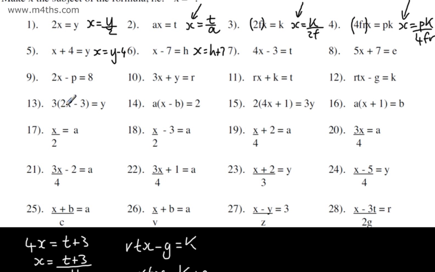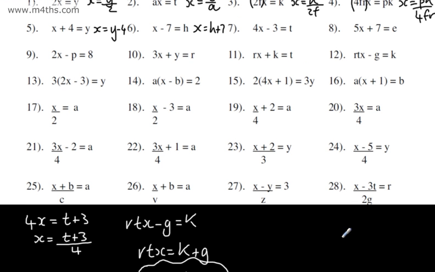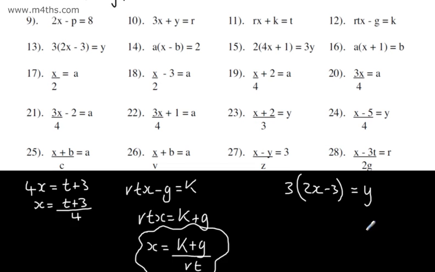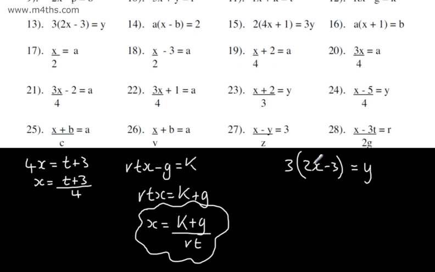Right, let's have a look at this one right here. We've got 3 lots of the quantity 2x minus 3 is equal to y, and we need to make x the subject. So let's just write this out. There is a temptation, as you might have done in the past, to expand the brackets. We're not going to do that. If we think about it, x was multiplied by 2, it had 3 subtracted, and then that quantity was multiplied by 3.